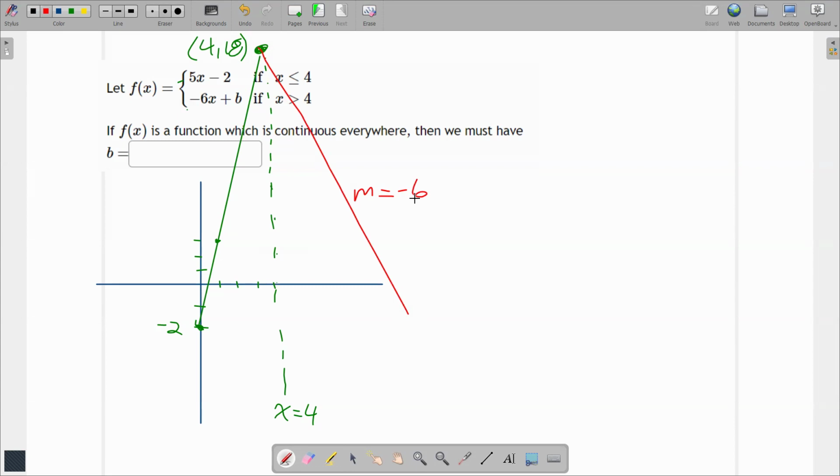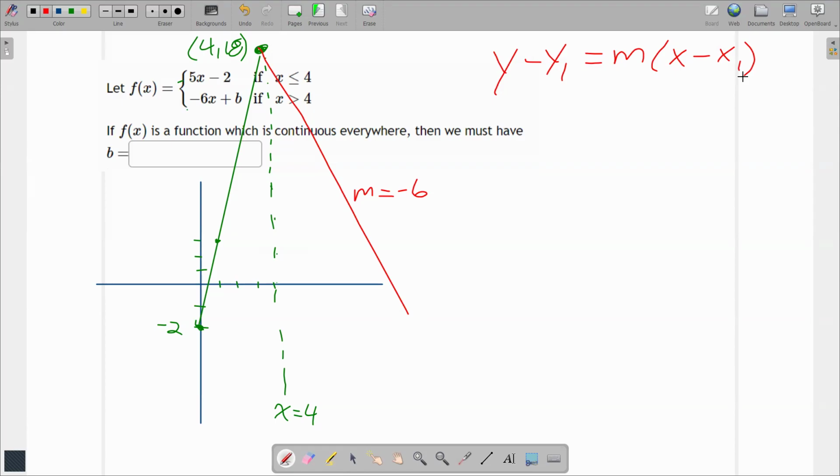Do you remember the point slope form of a line? I mentioned it in class the other day. That's y minus y1 equals m times x minus x1. So if you know the slope and you know a point, you can figure out what the line is in other ways. What slope do I want to have here?